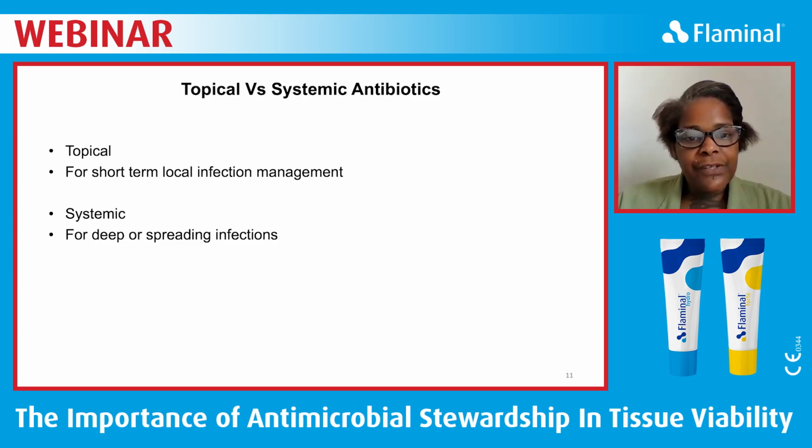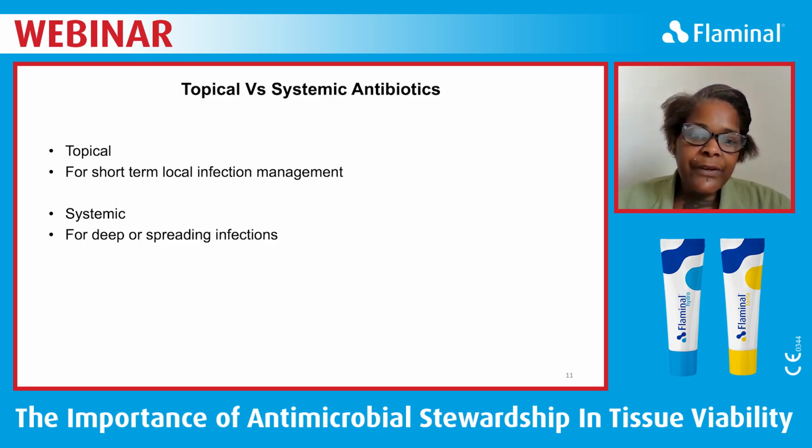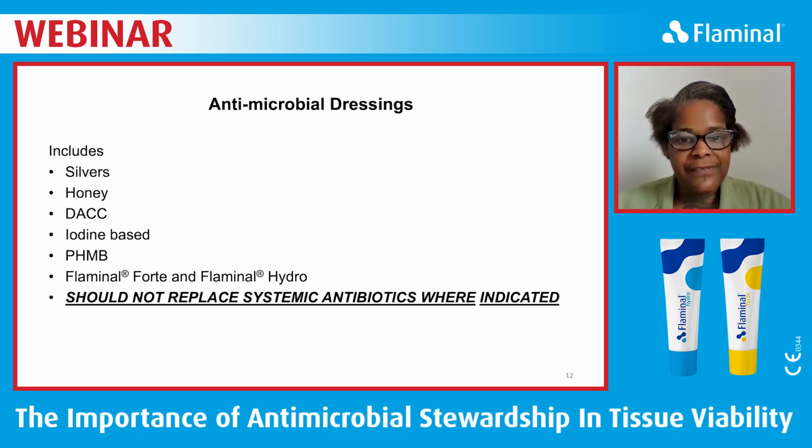There are, of course, systemic antibiotics as well as topical antibiotics. Topical antibiotics can be used for short-term local infection management, whilst systemic antibiotics are used for deep or spreading infections. Some of the antimicrobial dressings that you may come across include silvers, honey, iodine-based antimicrobial dressings.